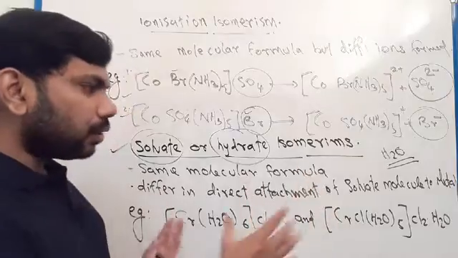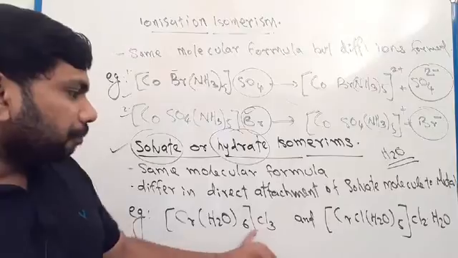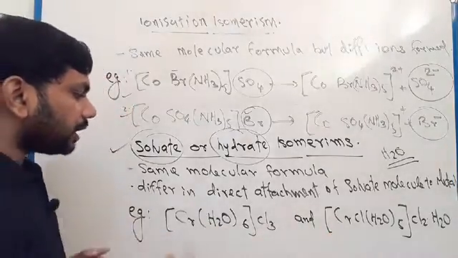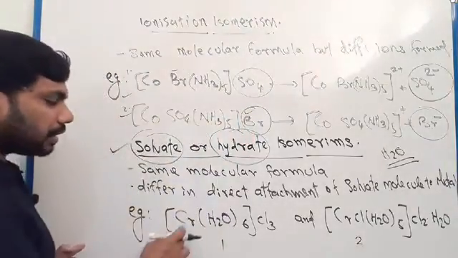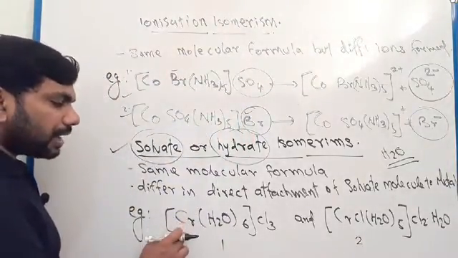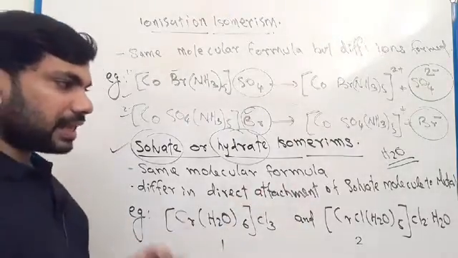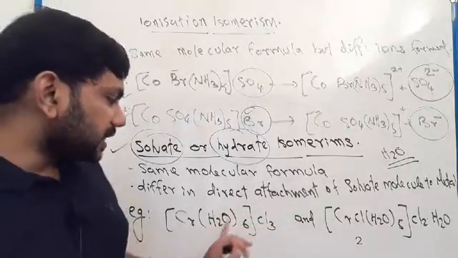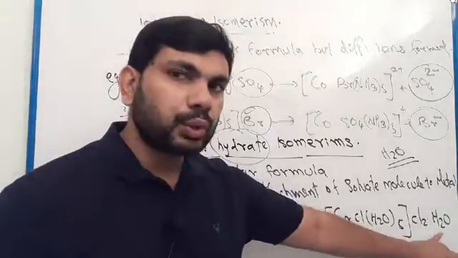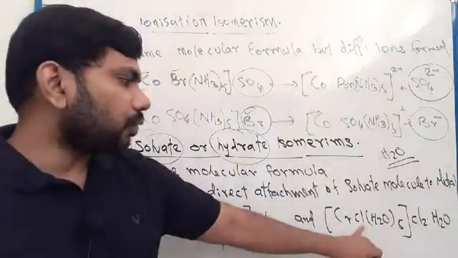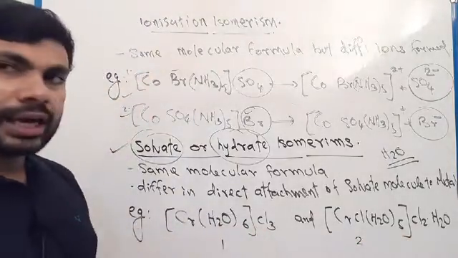They have the same molecular formula: the same number of chromium, water molecules and chlorine in each compound. This is coordination compound 1, this is coordination compound 2. You can count the number of chromium atoms, water molecules and chlorine, and in each case it is the same. Here 5 plus 1 is 6 water molecules, and 3 chlorine atoms in each.